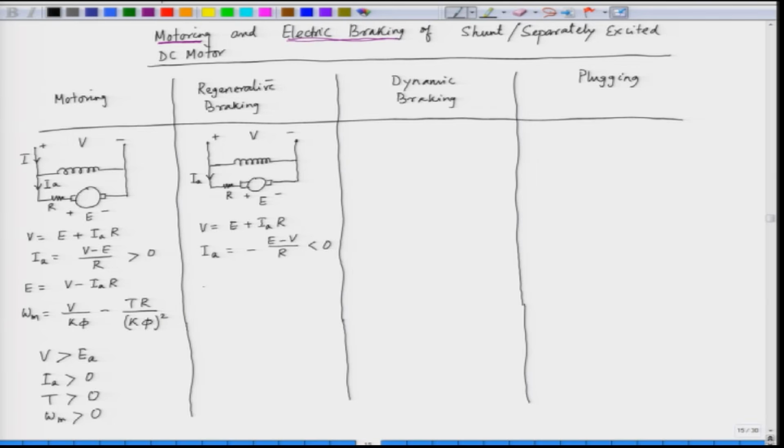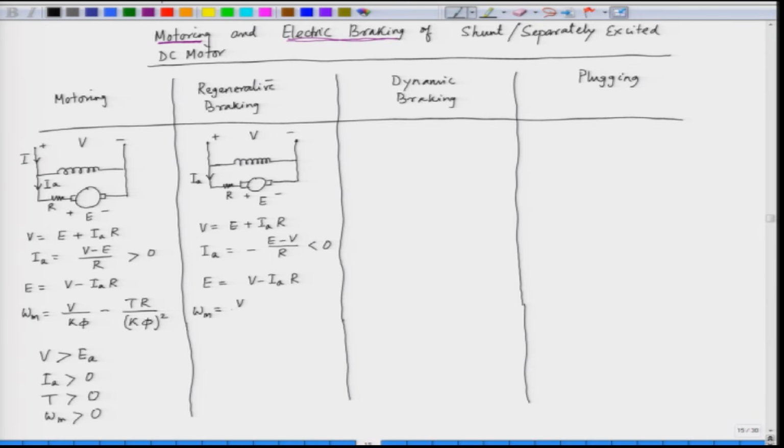Now, we write down the back EMF expression from the first equation. E is equal to V minus I A R, exactly the same as motoring. So, from this we can find the expression for the speed.